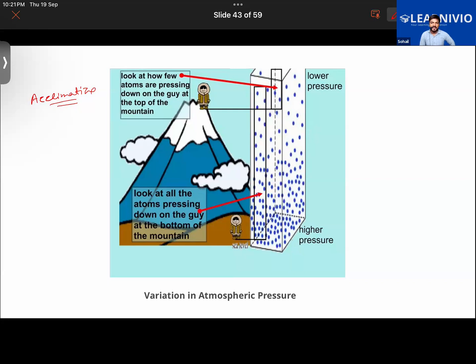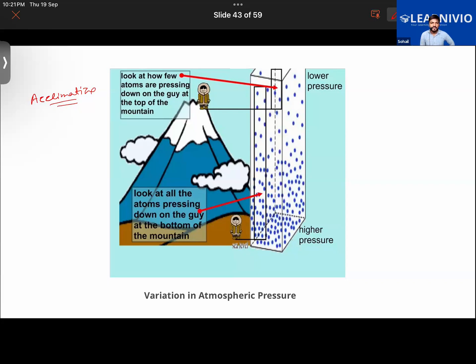If someone goes to a mountainous region and lives there for a month and then comes back, the red blood cells that increased in his or her body for a short duration of time will not pass on to his or her children.